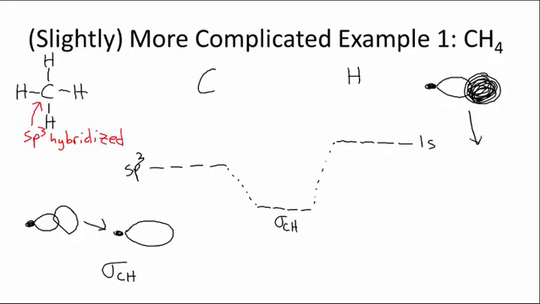So if I put those together, now what's going to happen is I'm going to get a bigger part out here, tiny part in the middle, and then a bigger part out here. We would call that sigma star CH. And that's going to happen 4 times. So I'll have 4 of those.